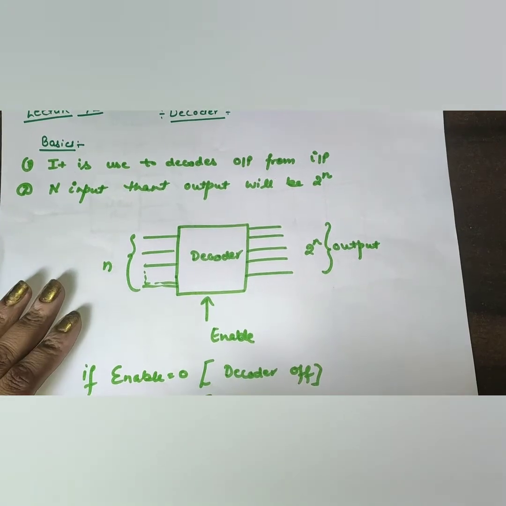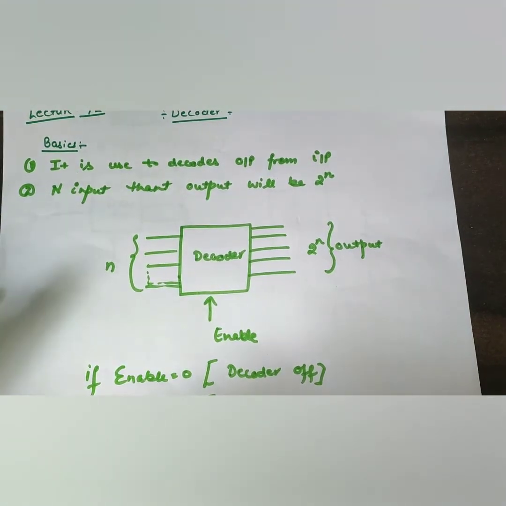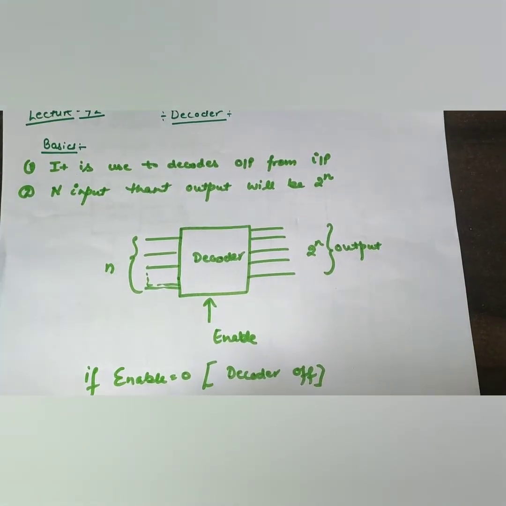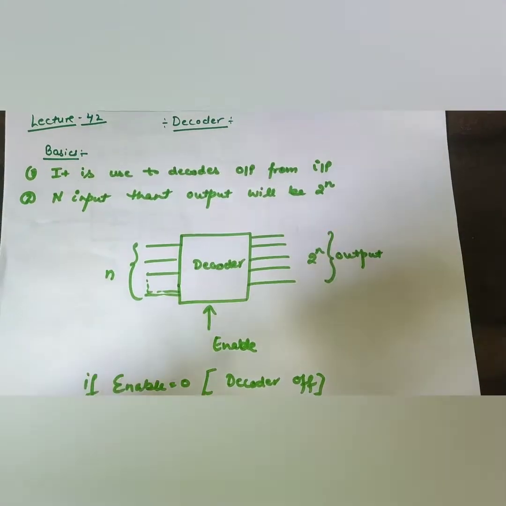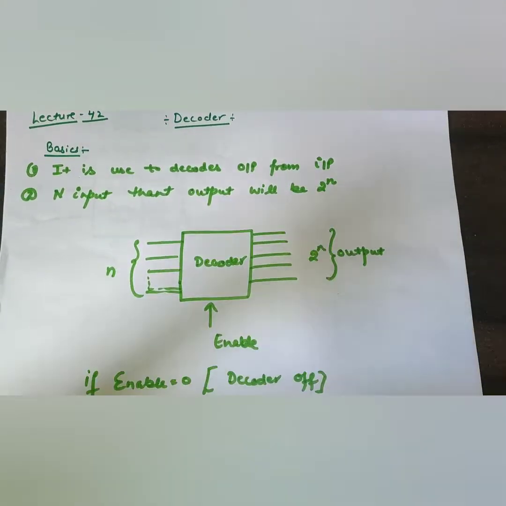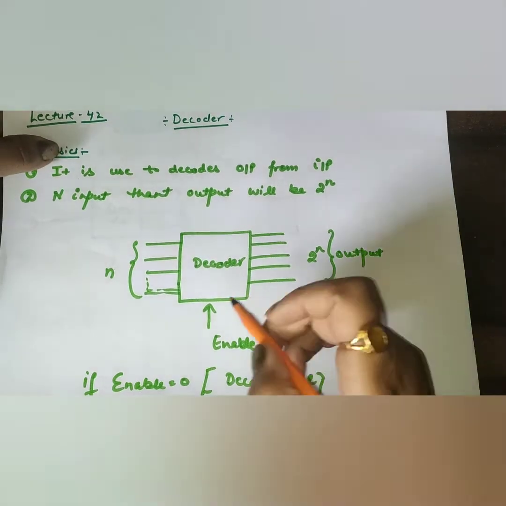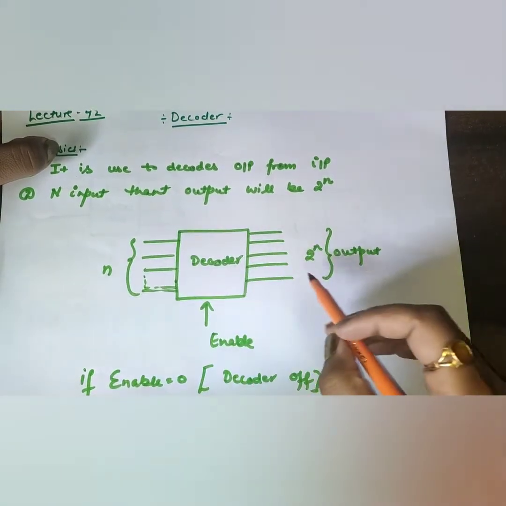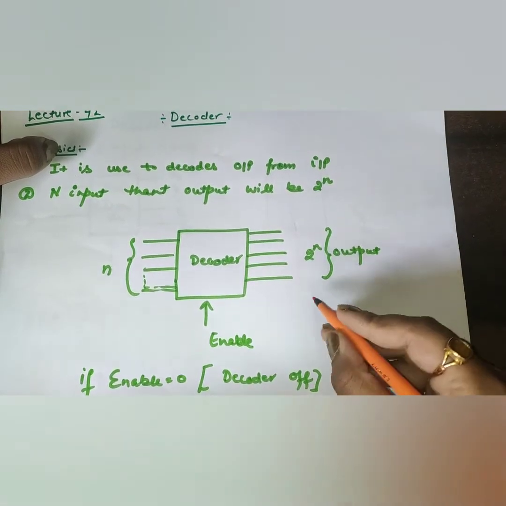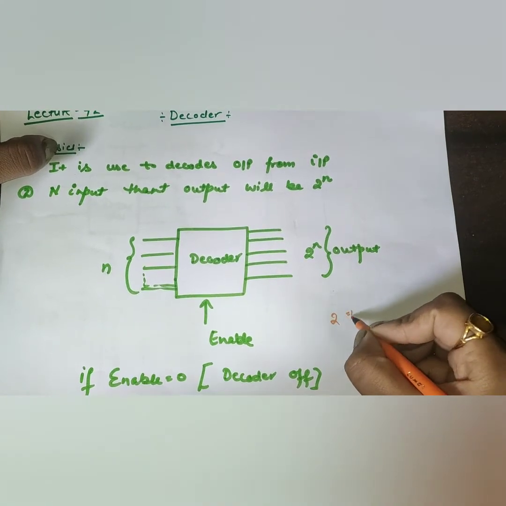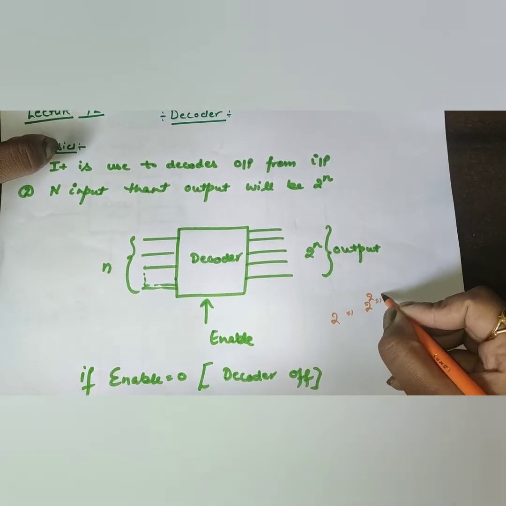So here, for n input, the output will be 2 to the power n. This is a decoder: there are n inputs and the output will be 2 to the power n. Let's suppose we have 2 inputs, then the output will be 2 to the power 2, that is 4.